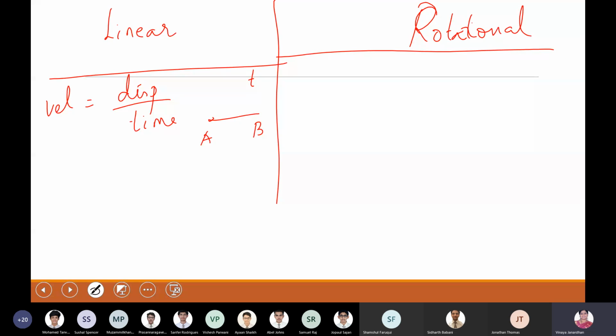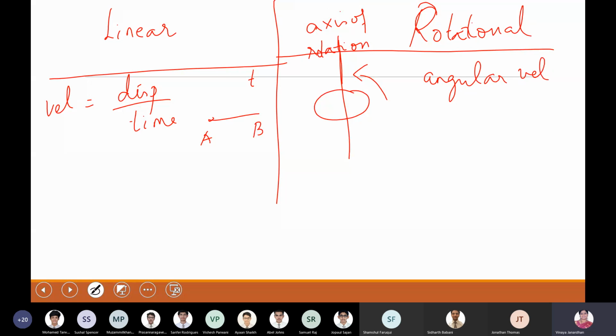When a body is rotating about an axis, this is called the axis of rotation. Now, what is angular velocity?